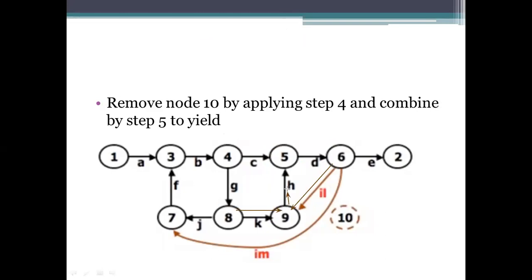And we have outgoing links going 6 to 5 and 8 to 5 also. So here, while removing, we need to consider these links also.